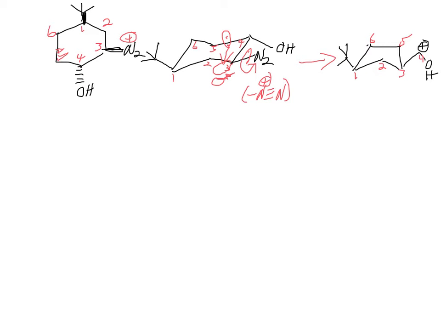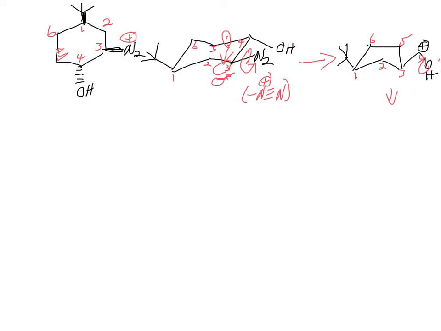Is there any significance to the OH going from equatorial down to equatorial up or not? No, because at this point it's free rotating, so it doesn't really matter. So then, what can happen here? If we draw the resonance structure in, electrons go down.